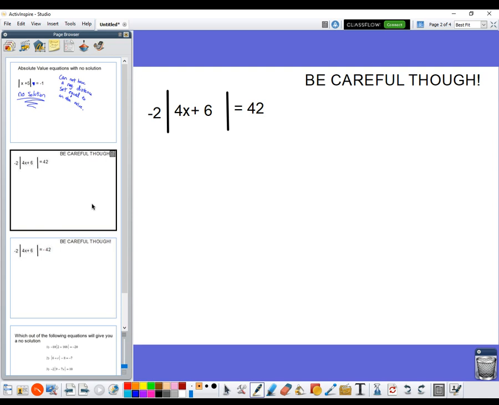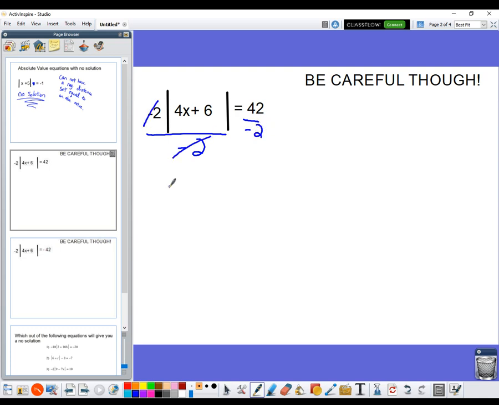The next example we have, please make sure you're careful, because this looks like it's just fine and dandy over here, positive 42. But we have to follow our steps. Step 1 is to isolate your absolute value. So I have this -2 attached here by multiplication, so I need to divide both sides by -2.